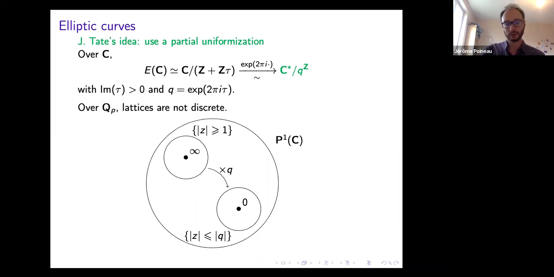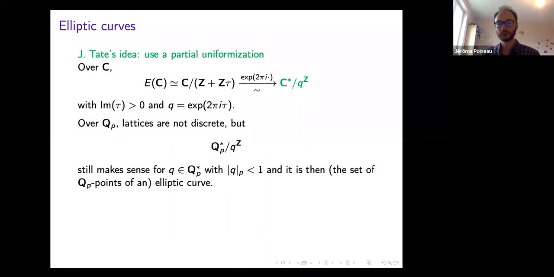So that's the elliptic curve case, and this actually works even over the p-adics. You can form the quotient Q_p star modulo q to the Z for some q with absolute value smaller than 1, and it's the set of Q_p-points of an elliptic curve.